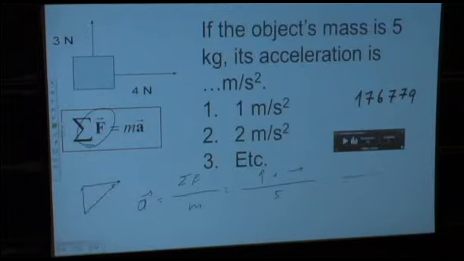So the result is this. And of course, if we take a vector and divide by a number, we get another vector. In this situation, it's a shorter one.